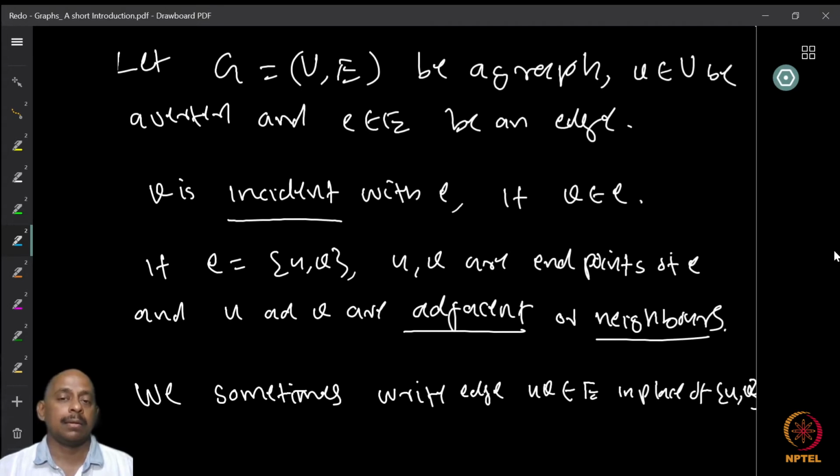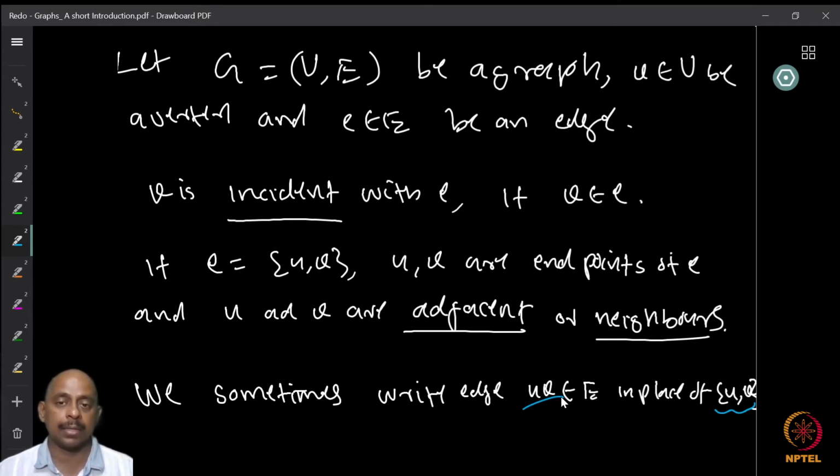So we often write the edge U comma V. For example, U comma V is a two-element subset. Let's say that there is an edge, that is one of the edges of the graph. Then to save space and writing, we often use the shortcut just UV without any space. So if I write UV in our usual context, then U and V stand for vertices, and UV is an edge automatically.